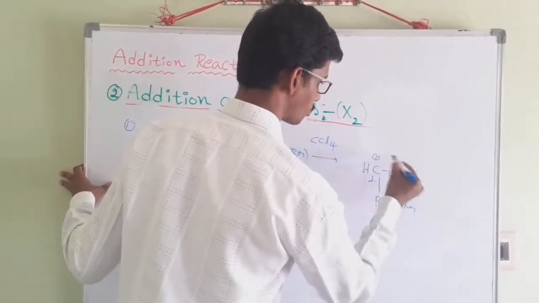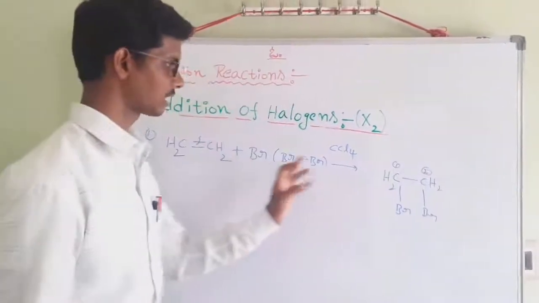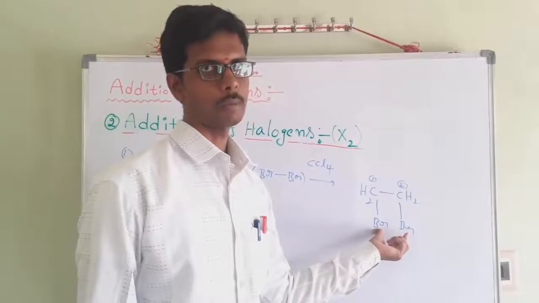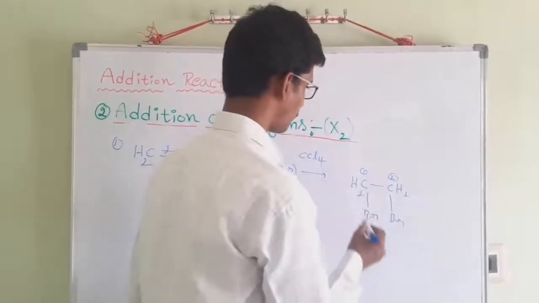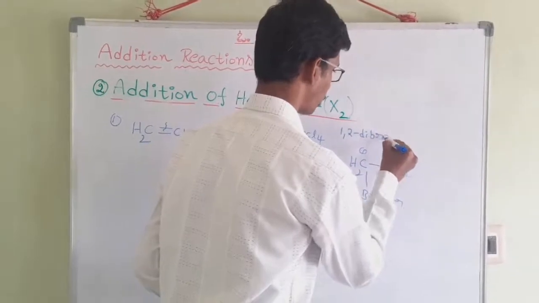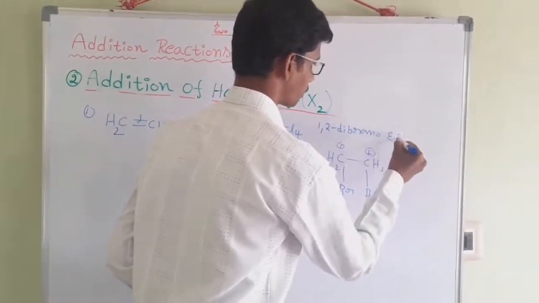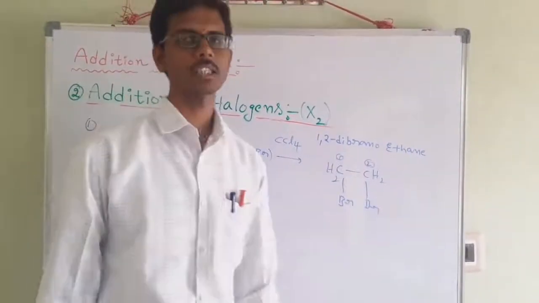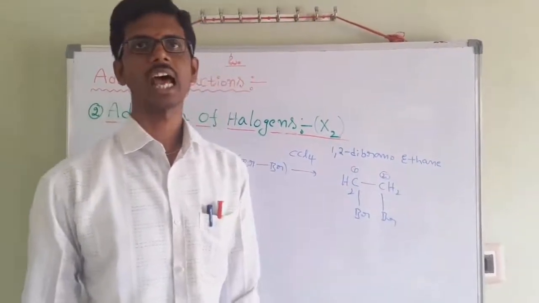This is called as 1, 2. Why? Because both first carbon and second carbon has one bromine atom. That's why it is called as 1, 2 dibromoethane. This 1, 2 dihalo compound is also called as vicinal halides.